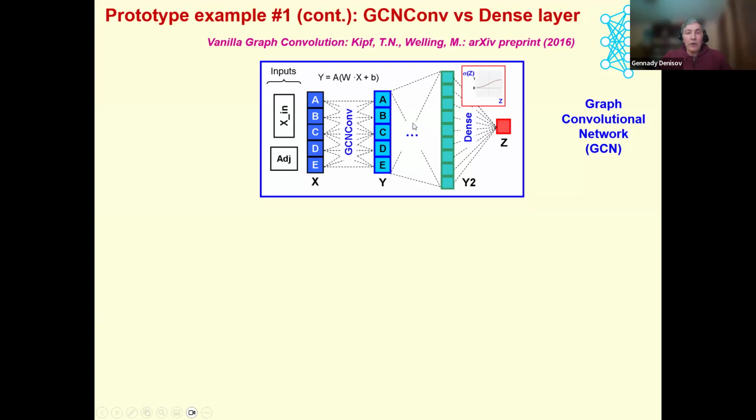Now let's take a look at the graph convolutional layer, GCN-conv. What is the significance of this layer? What is it doing? First important point: unlike any other layers we discussed in this course up to this class, this layer will take as input not a single item, but two different items.